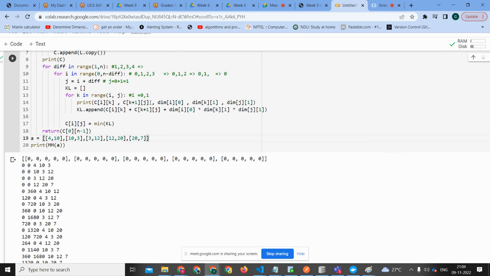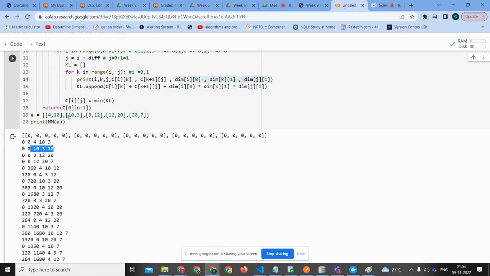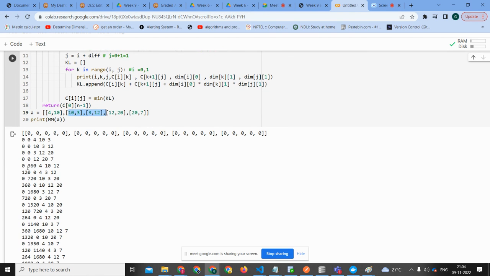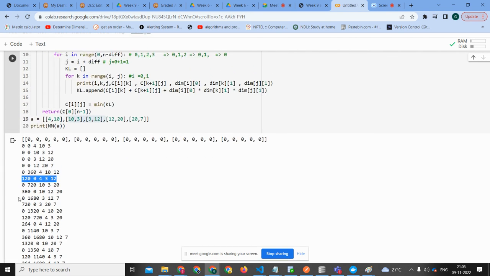So ik is fine, but I think in this case we need to print ik also, and j also we shall print. These are basically the dimensions: 4, 10, 3, and then 10, 3, 12. Basically that is what they are multiplying, and it comes out to be 120 here.